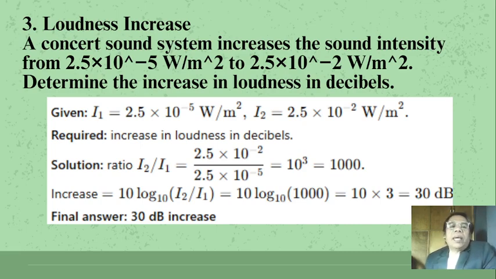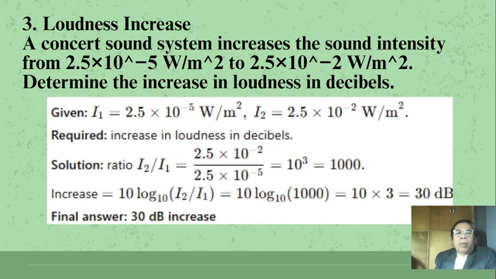So we're given I1 2.5 times 10 raised to negative 5 watt per meter squared, and I2 is equal to 2.5 times 10 raised to negative 2 watt per meter squared. We are asked to determine the increase in loudness in decibels.